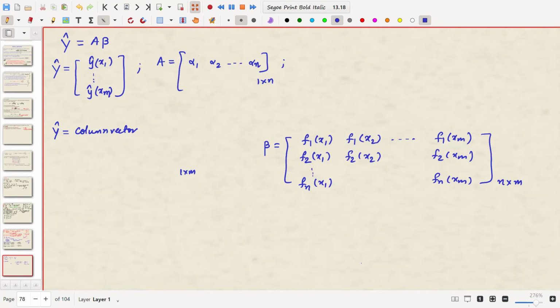Beta, if you take as a column vector, it should be n rows, one column. But anyway, that won't help. Anyway, suppose you have this.